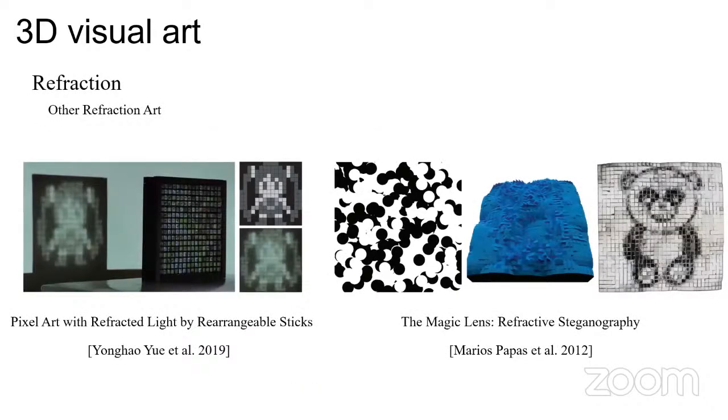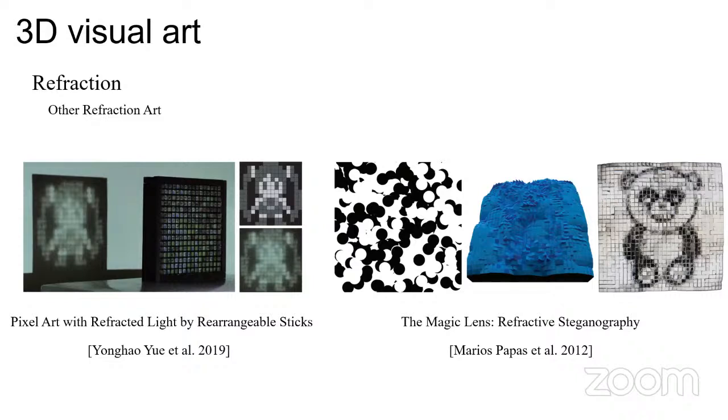The last subcategory is other reflection art. Yue and others proposed a method for generating a puzzle kind of reflection visual art. From an entertainment point of view, they made the number of sticks the user had in advance equal to the number of pixels in the target pattern.